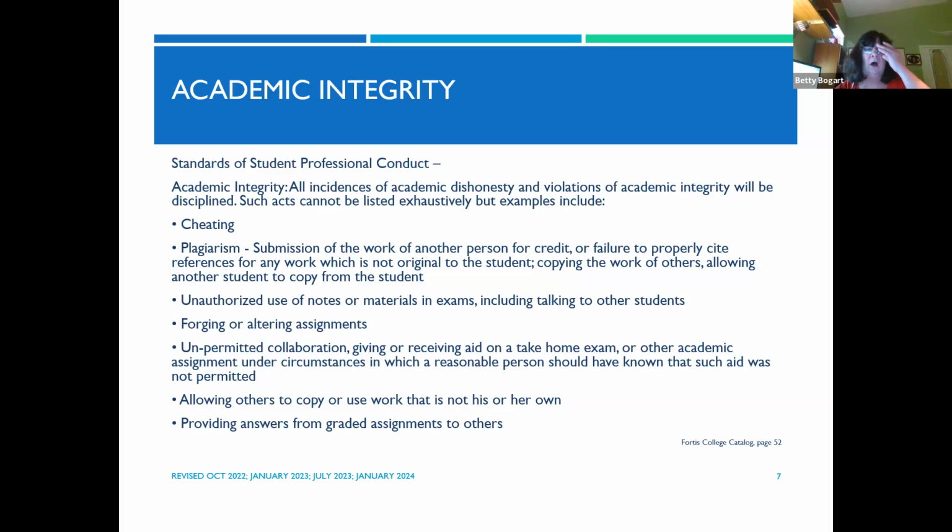Make sure that when you're doing your quizzes and exams, your behavior is professional and you're doing your own work. In the end, you have to sit for the NCLEX, and that NCLEX is you alone. If you don't put the effort and work in now, it's not going to benefit you in the end.